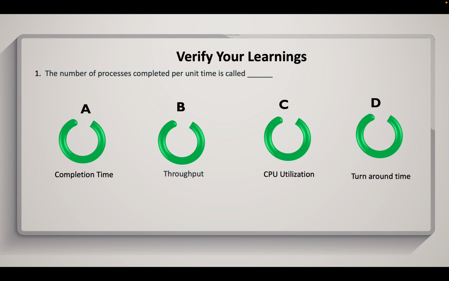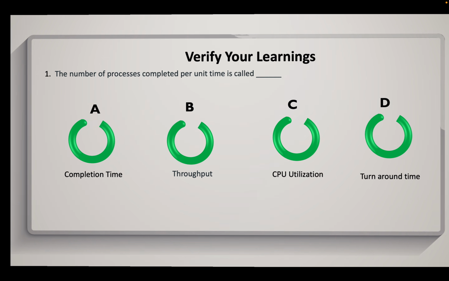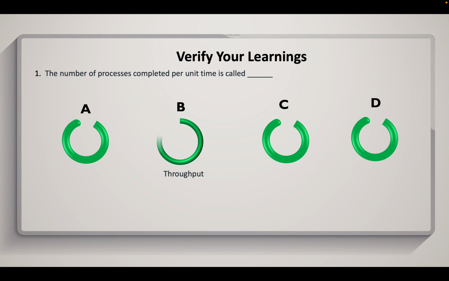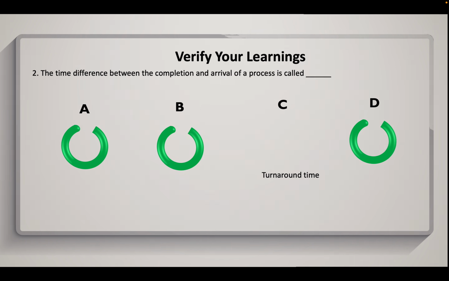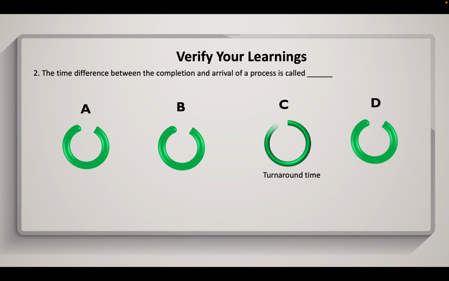Number of processes completed per unit time is called throughput. Time difference between the completion and arrival of a process. Answer A. Here it was mentioned wrongly as turnaround time.